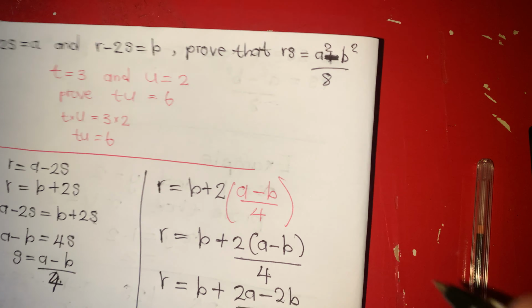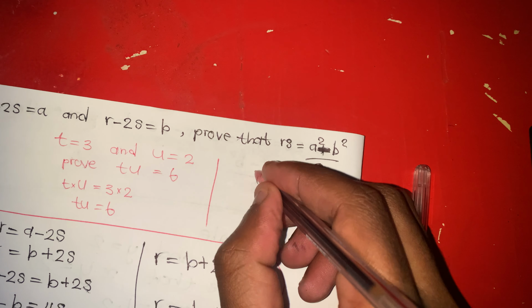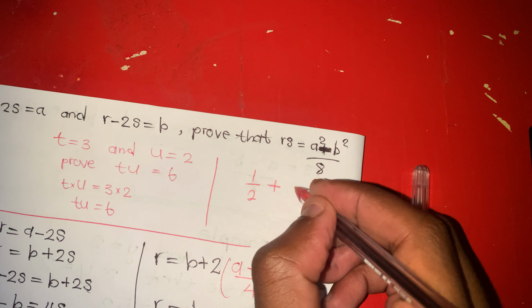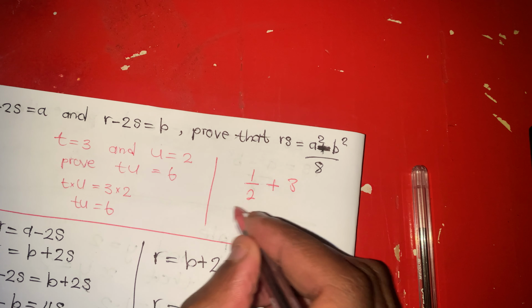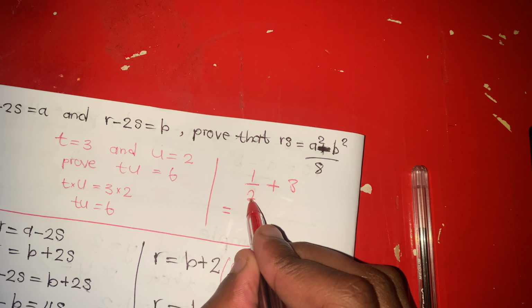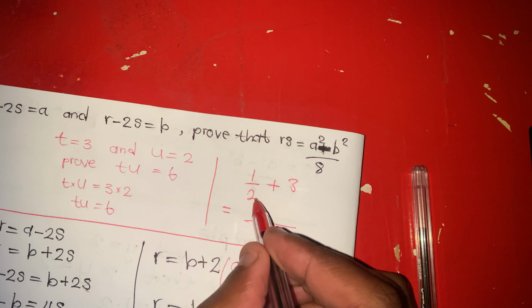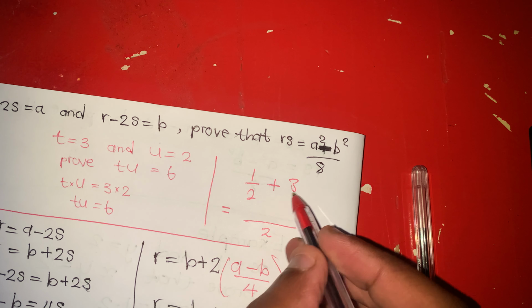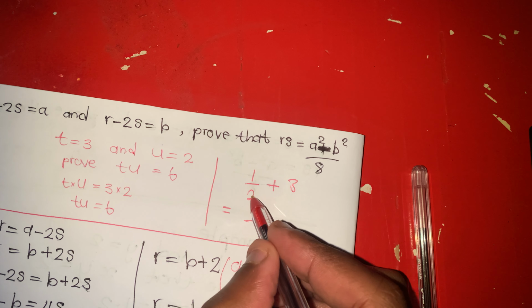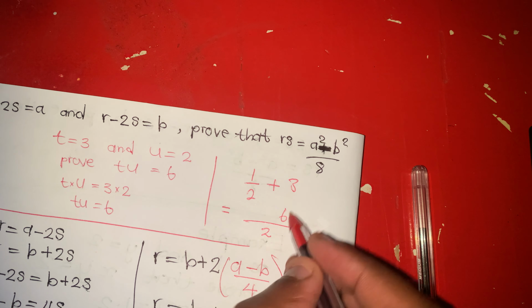Remember, if you have, say for example, 1 over 2 plus 3, and you want to simplify that, the common denominator is 2. So in order to have 3, you multiply 2 and 3, you have 6.